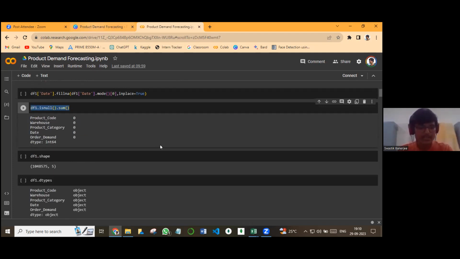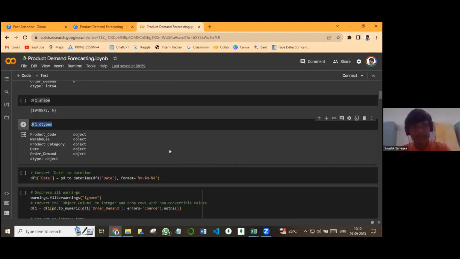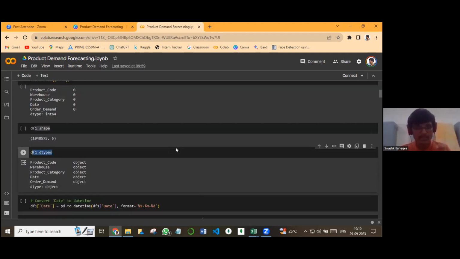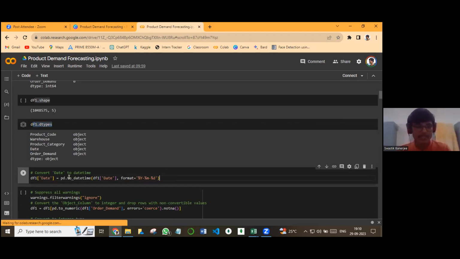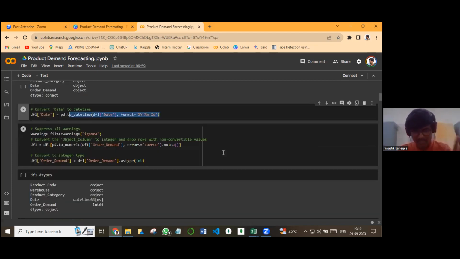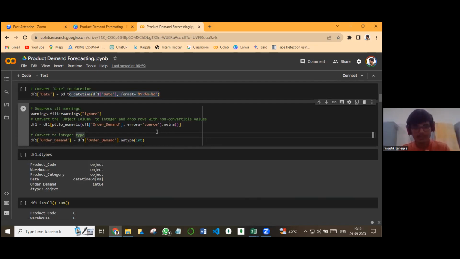And for the third step, what I do is find the data types. As you can see, all the attributes have the same data type, which is object, and that is not suitable for us. Date columns must have a date type attribute. So we convert the date attribute into datetime type. Also the order demand is a numerical column that has to be converted to a numerical data type, so I convert the order demand to a numerical data type also.